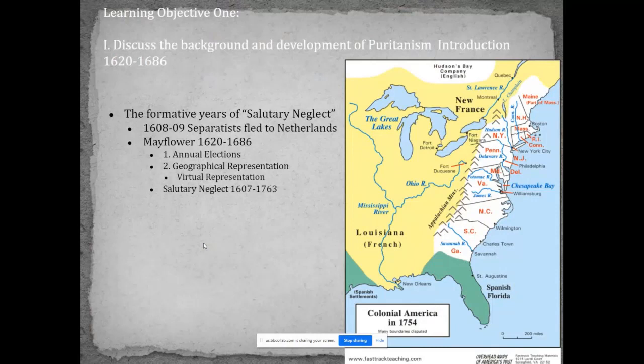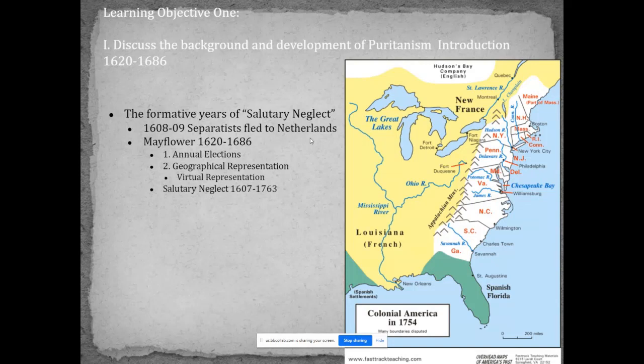The formative years of salutary neglect. Again, these separatists are first going to go to get away from the Anglican Church. They're going to go to the Netherlands in 1608 from 1609, which is going to be short-lived. There's rumors that Spain is going to invade the Netherlands, and also the children of these separatists are fast adopting the Dutch culture of the Netherlands.